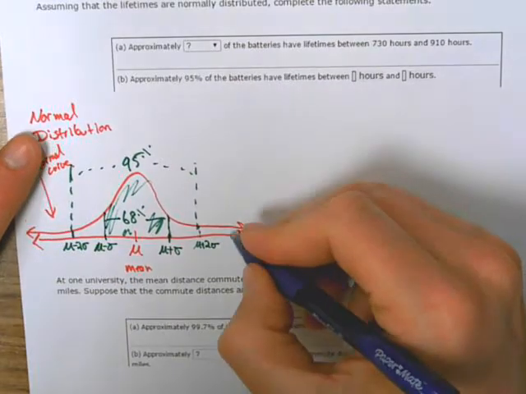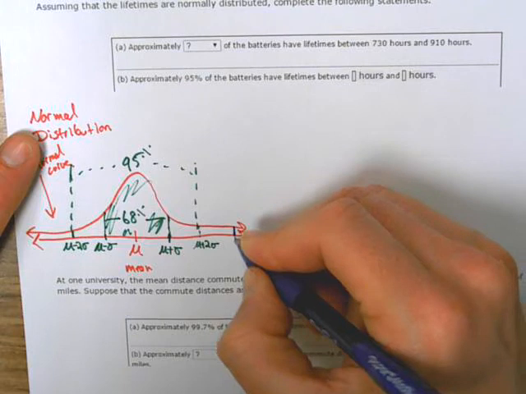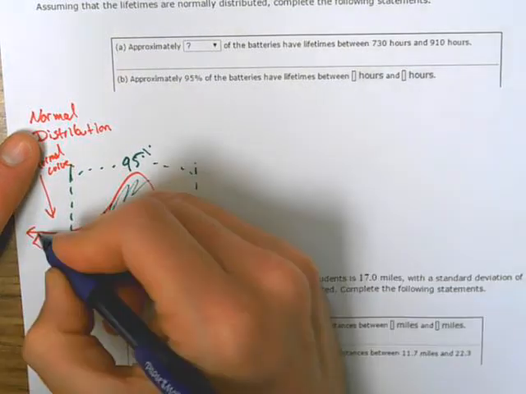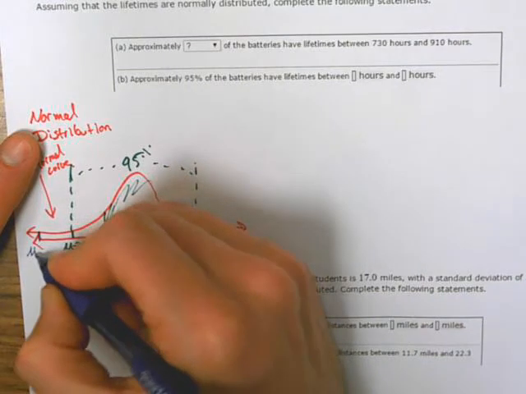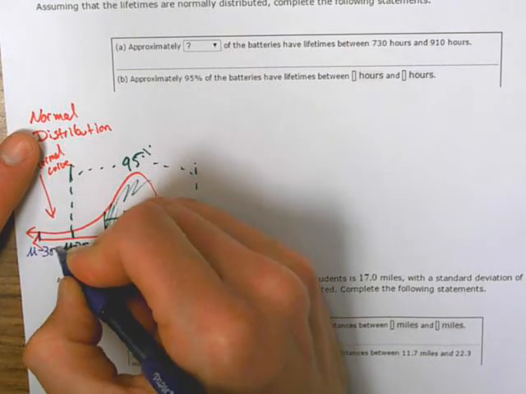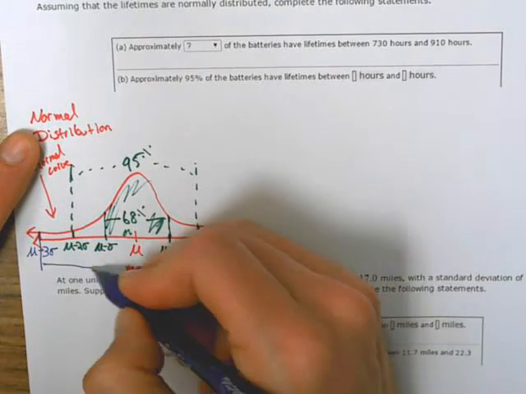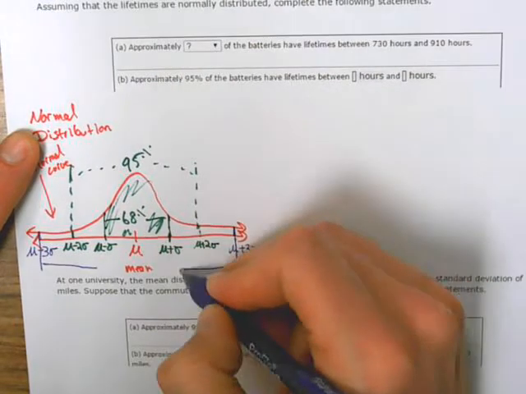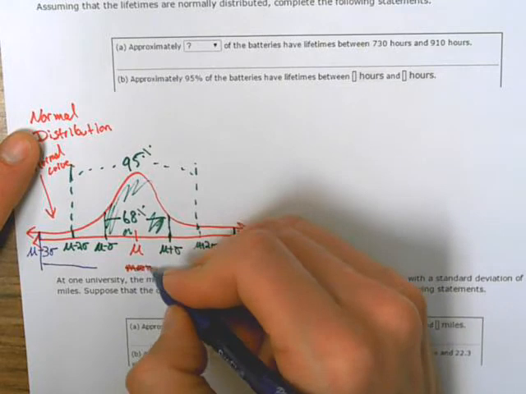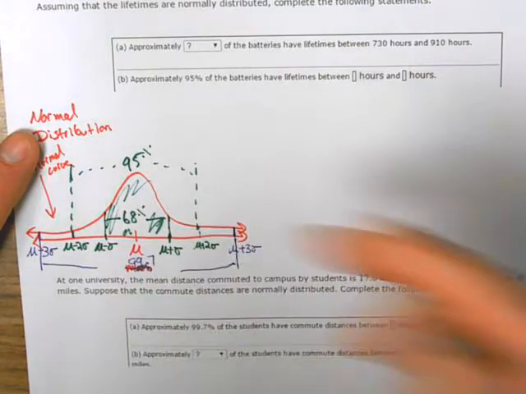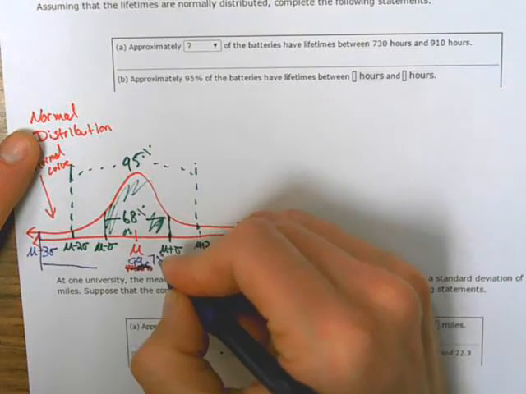Let's say we go 3 standard deviations from the mean. So we go out here, so we do the average plus 3 standard deviations, and back here we'll do the average minus 3 standard deviations. Now if we went from there all the way 3 standard deviations, that would be 99.7% of all of your data.